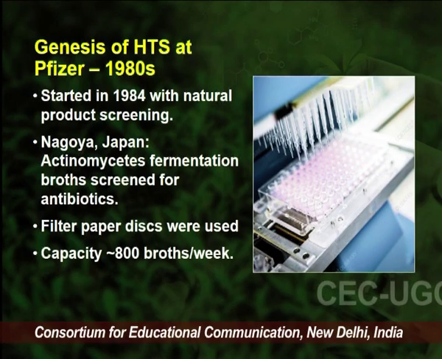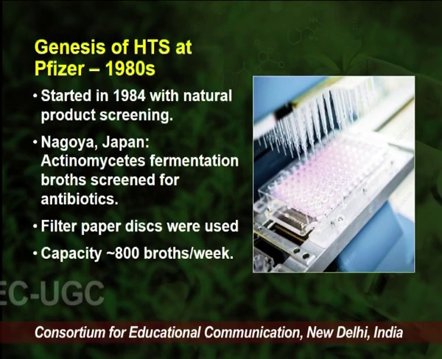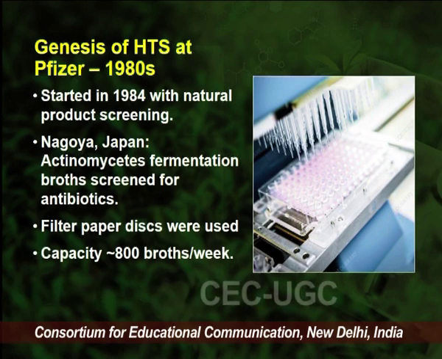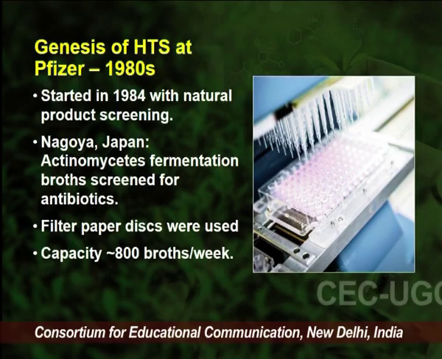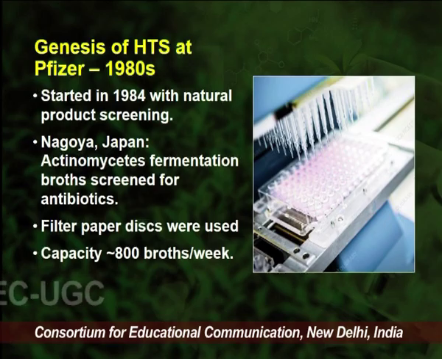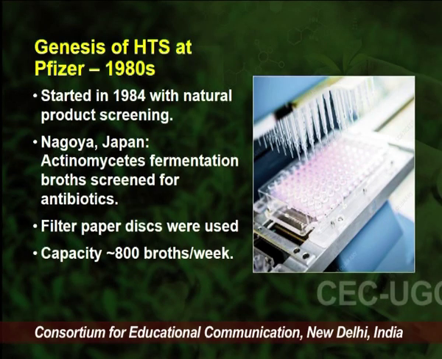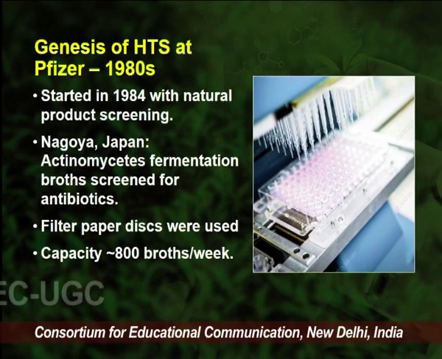So the scientists developed a new method which they called the filter paper disc method, wherein the filter paper discs were dipped in the bacterial broths and then placed over the bacterial lawns. So those bacterial colonies which have the capability of producing antibiotic-like molecules give clear zones of inhibition.